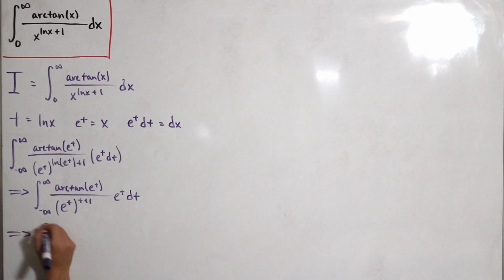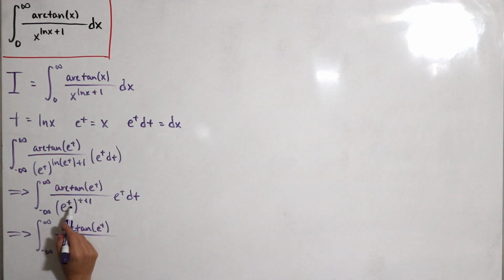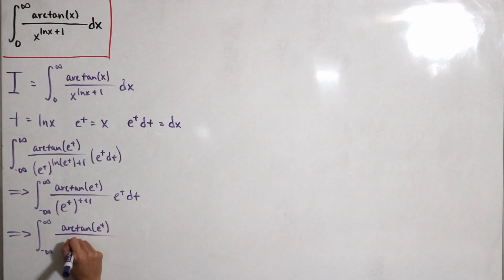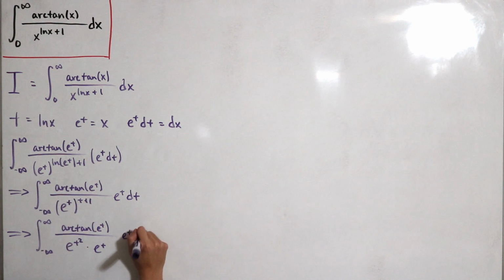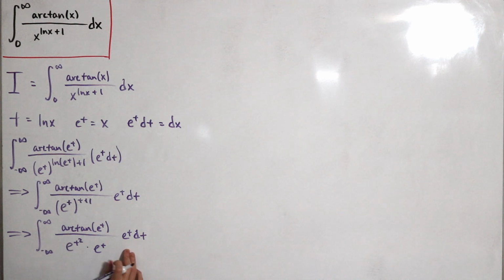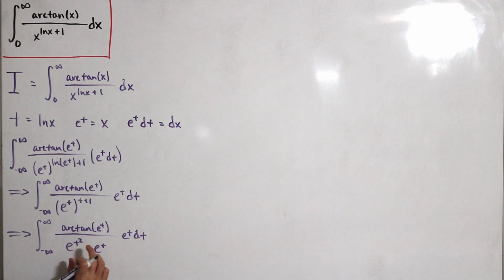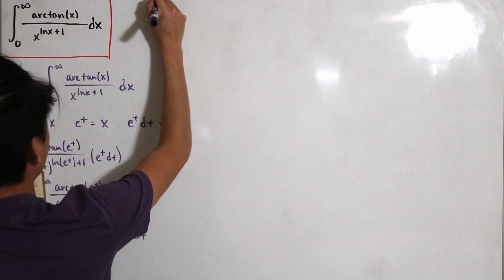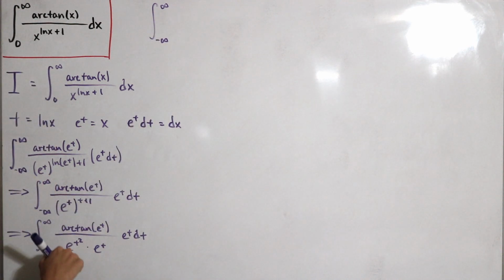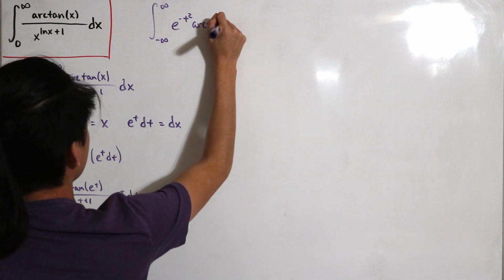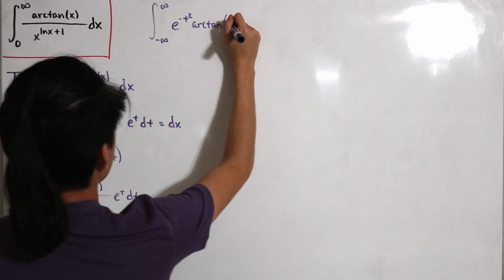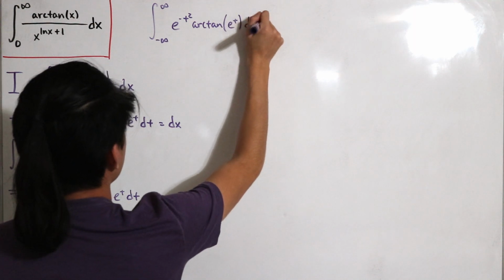Now if we combine the exponents, this will be e to the t squared, multiplied with e to the t, and then the e to the t dt in the numerator cancels with it. I'll exclude the fraction and put this as a whole, so we have the integral of e to the negative t squared, times arctan of e to the power t, dt.